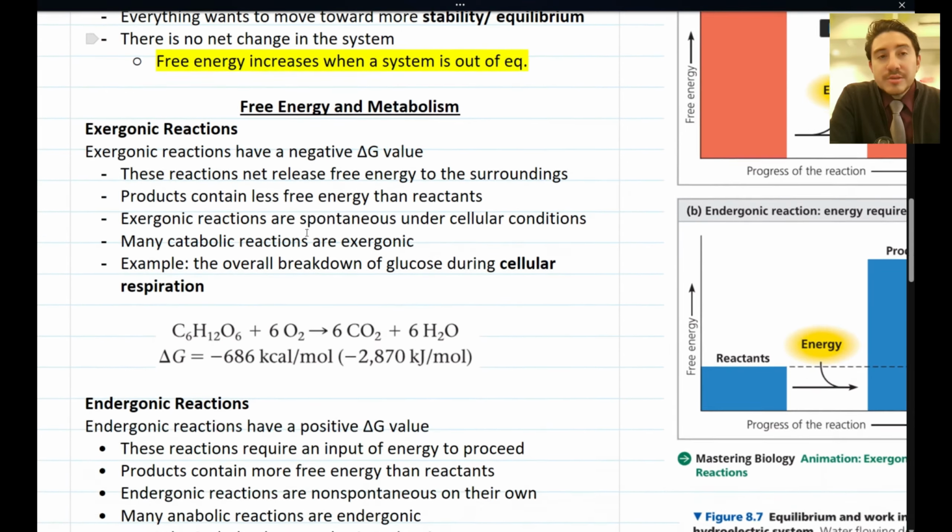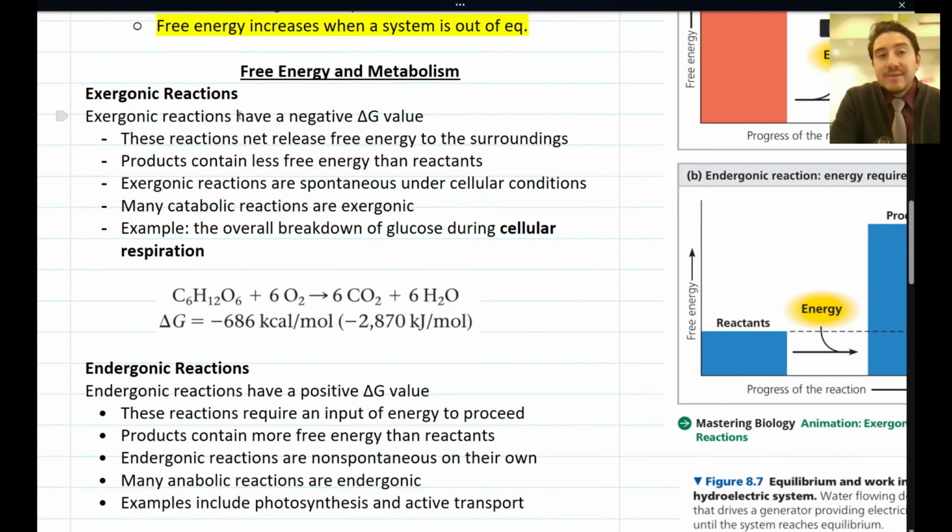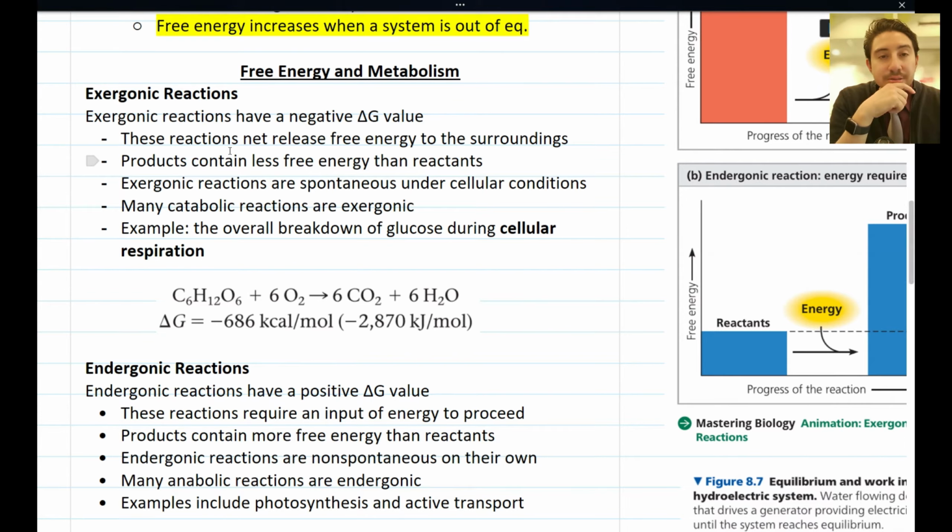So in terms of free energy and metabolism, now that we have this idea of stability, you have exergonic reactions and endergonic reactions. Exergonic reactions are reactions that have a negative delta G value. It means that there's a net release of energy to the surroundings.